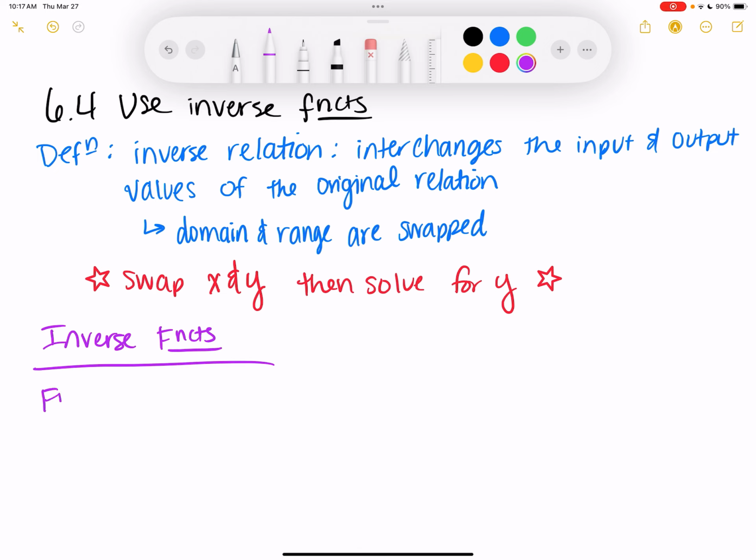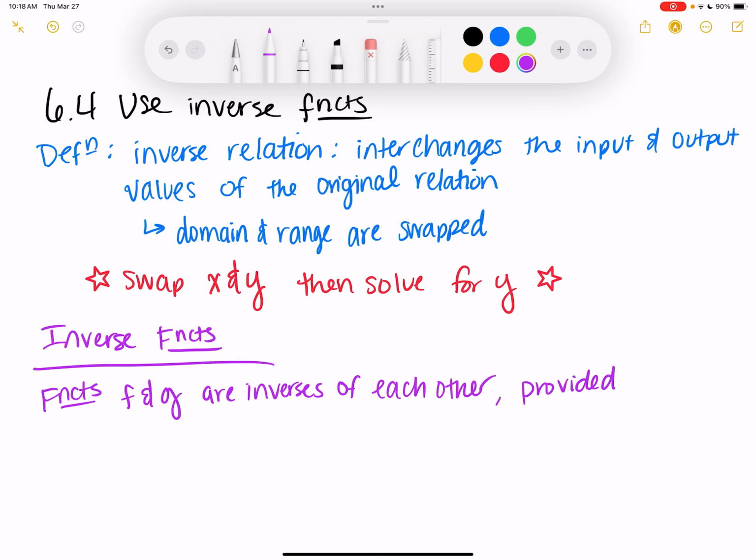All right, inverse functions. Functions f and g are inverses of each other provided f of g of x equals x and g of f of x equals x.